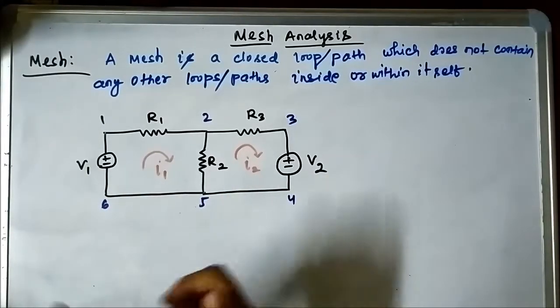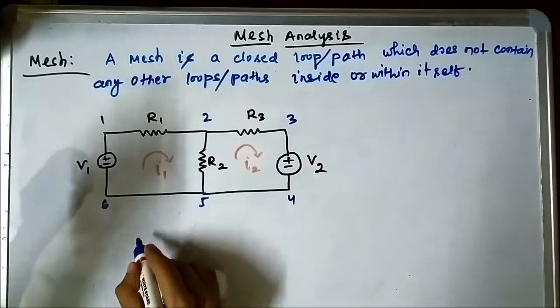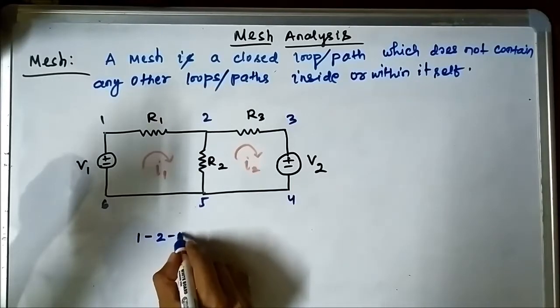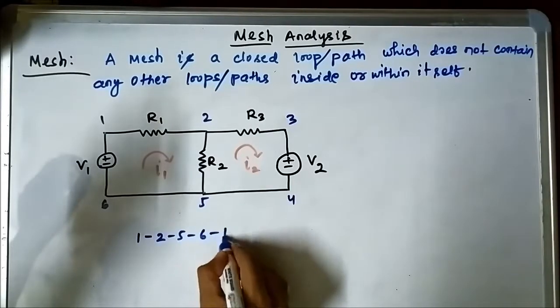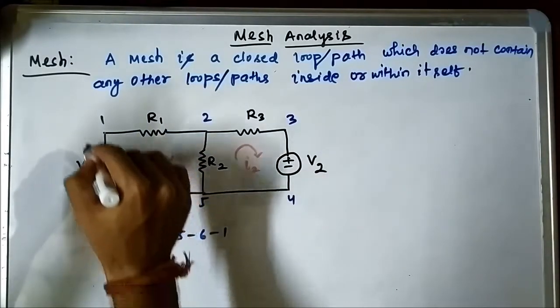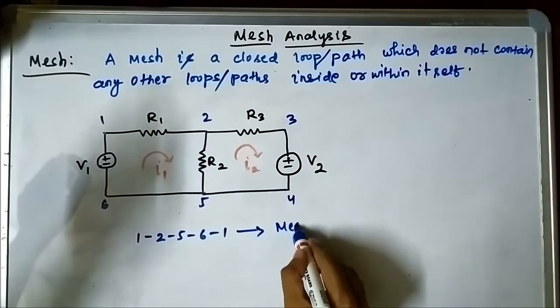If we join the points 1 to 2, 2 to 5, 5 to 6 and 6 to 1, this is a mesh.